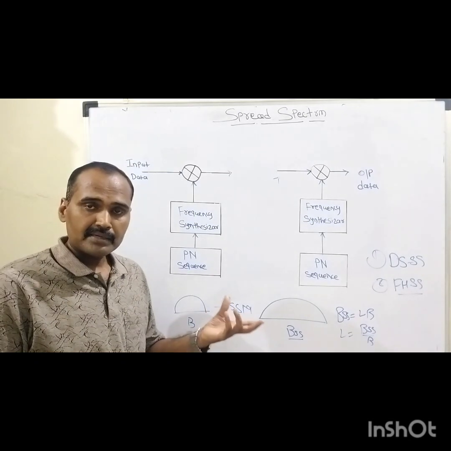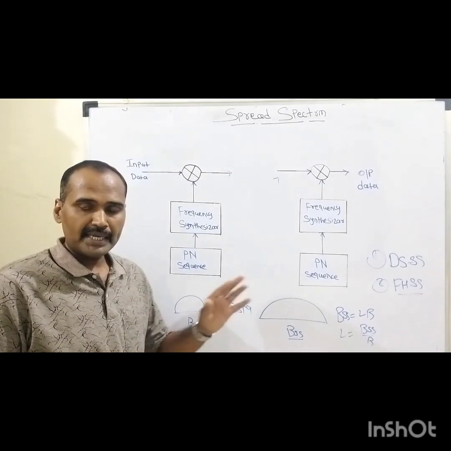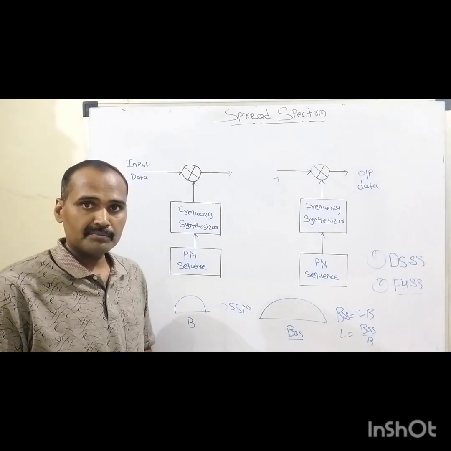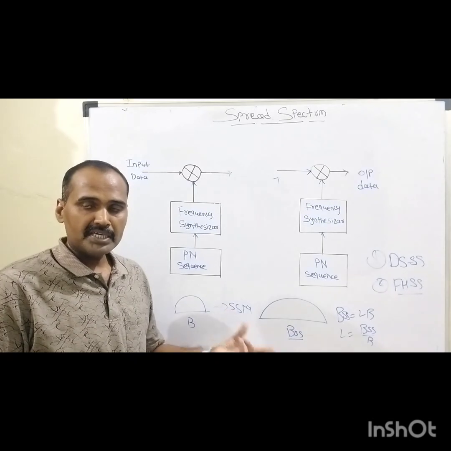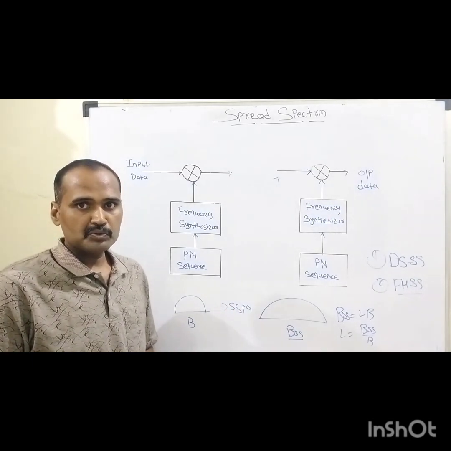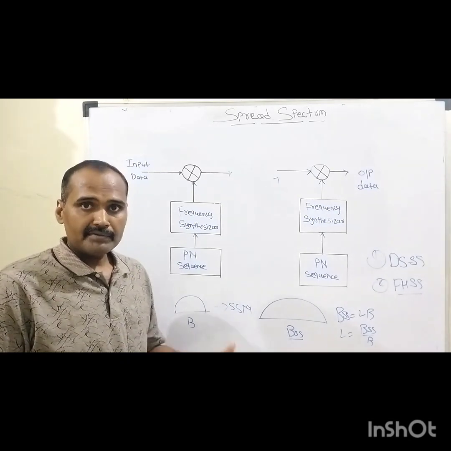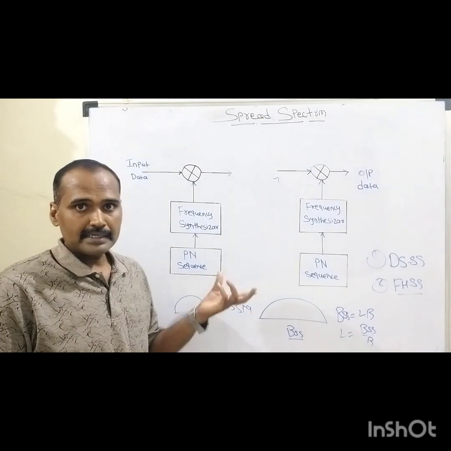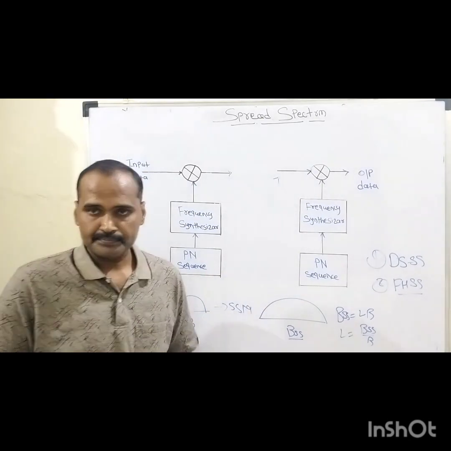So this is the basic mechanism of the spread spectrum technique, in which the bandwidth is enhanced over a larger frequency band with the help of a spreading sequence or pseudo noise sequence. Then after that we will learn the generalized block diagram of the spread spectrum technique.